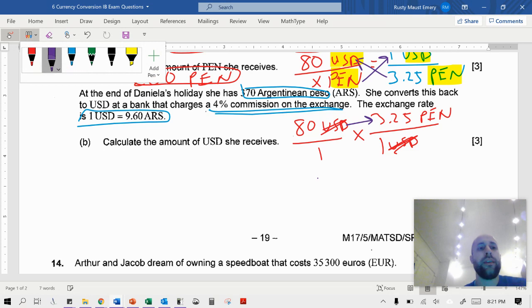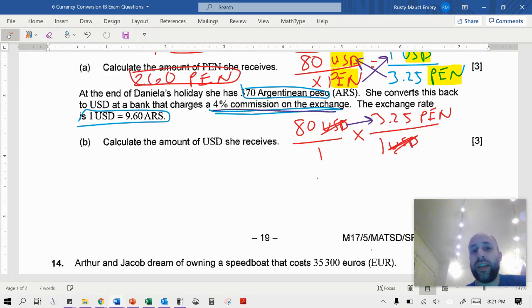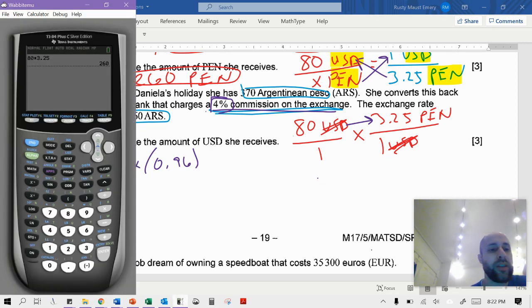That means if I'm paying 4% commission on the exchange, then I can take 370 times 0.96, and that will represent the amount left that I actually am going to exchange. So that 4%, I'm taking off the original amount, and if I multiply by 0.96, this result leaves me with the amount that I actually get to exchange.